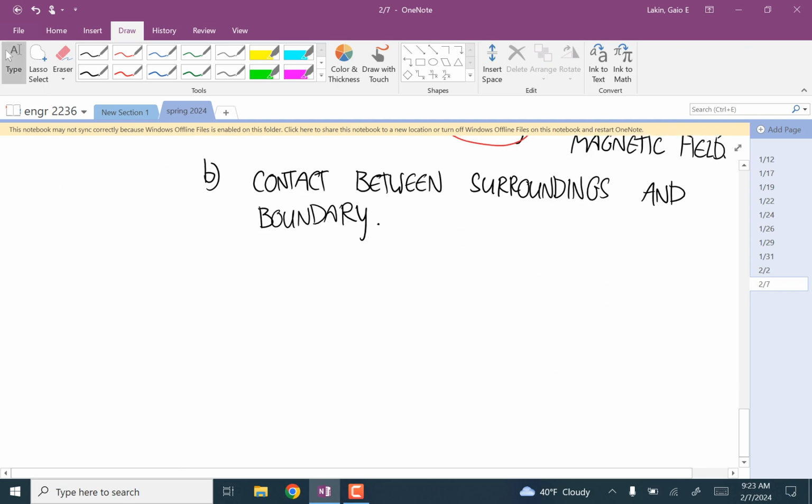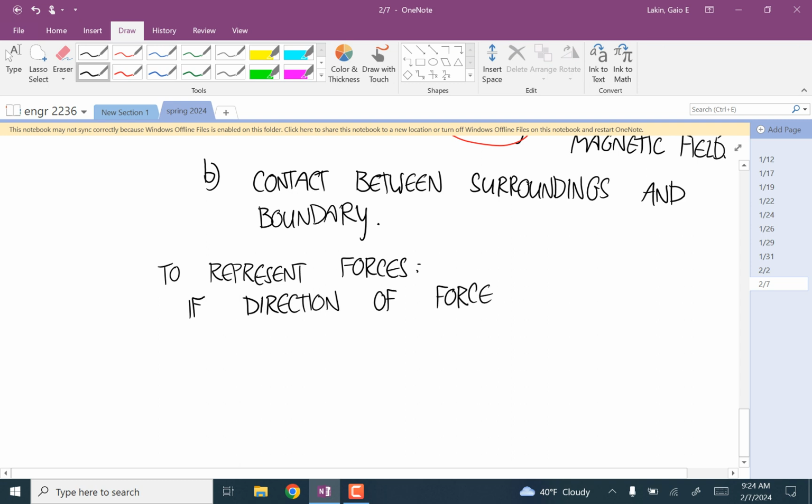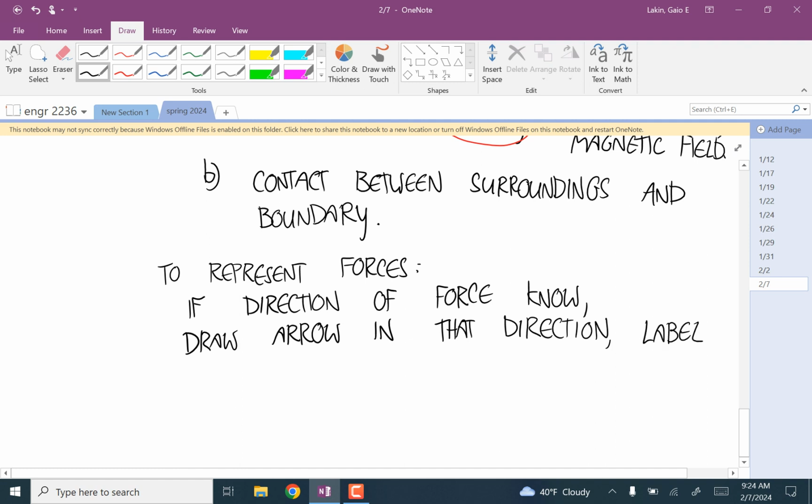All right, so in representing these forces, if the direction of the force is known, then draw an arrow in that direction and label it with a scalar number or variable.